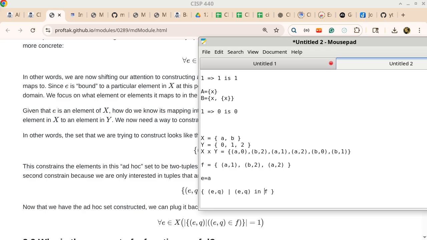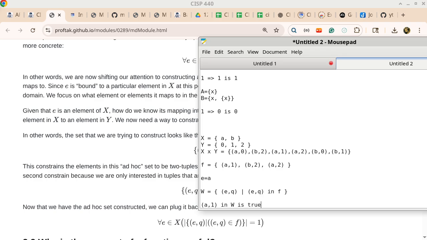So now we ask, let me go back here. A1 in F, or in this particular set, we have to give it a name, so we call it W. Okay, so W is the name of this set. So A1 in W is true.